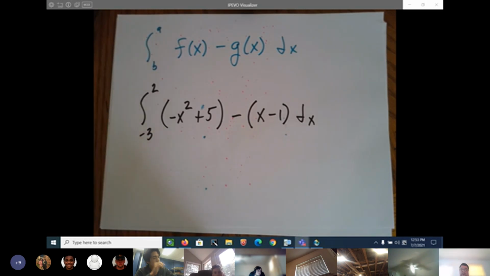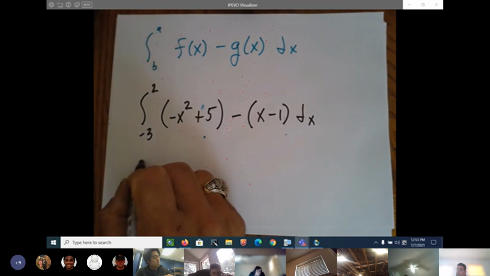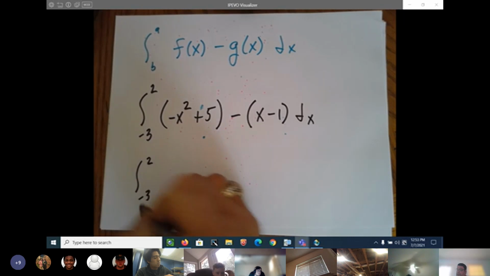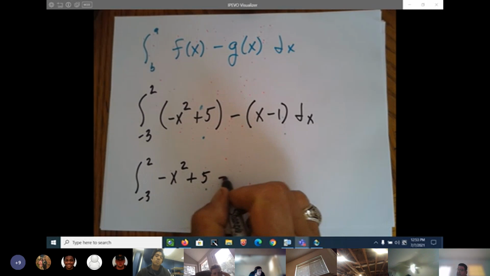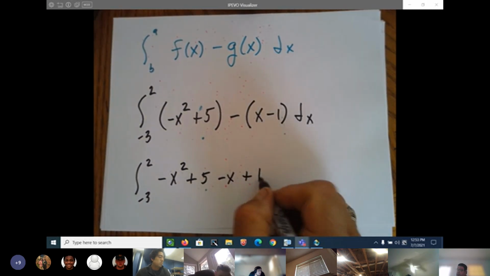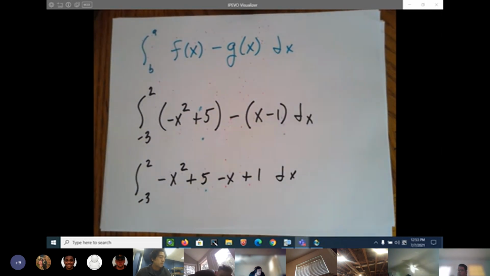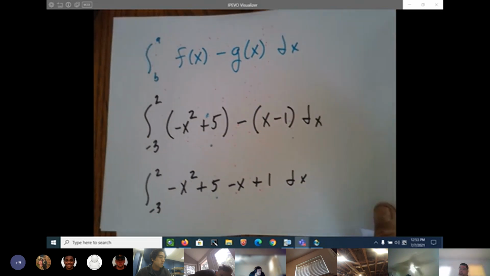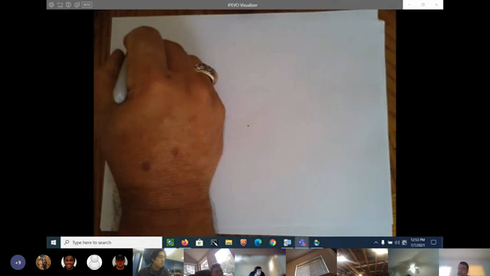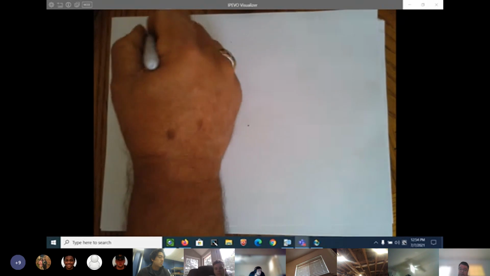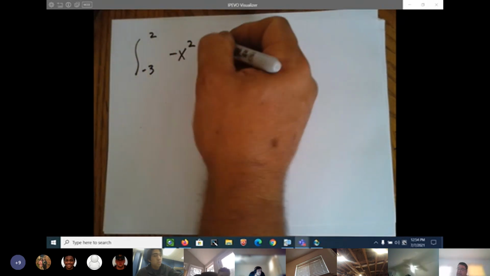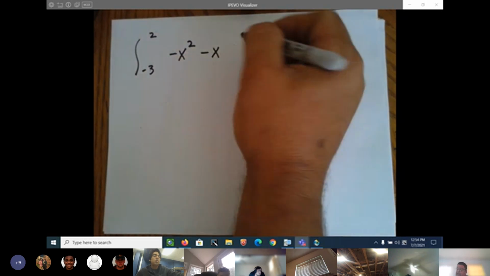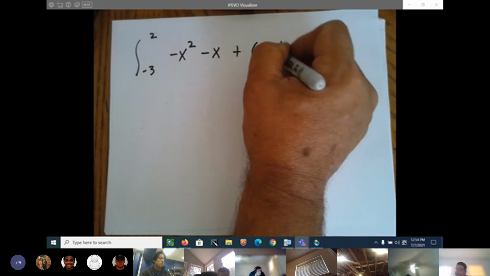All right, so I'm going to go ahead and combine. That'd be the integral from negative 3 to 2 of negative x squared plus 5 minus x plus 1. And that's going to give me negative x squared minus x plus 6 dx.